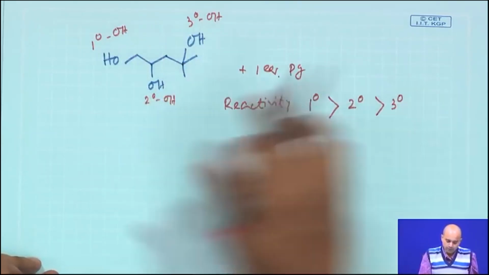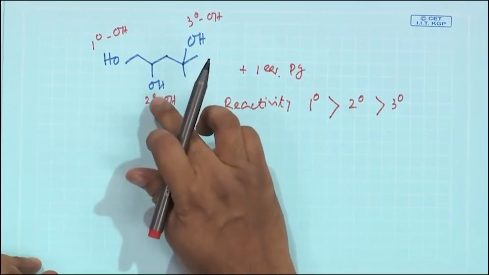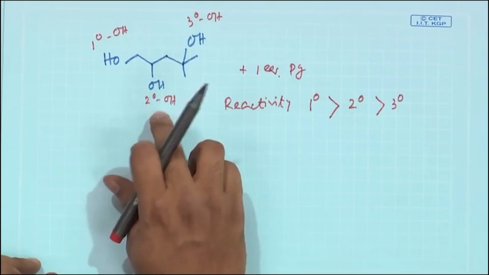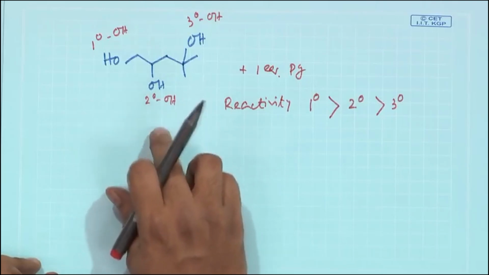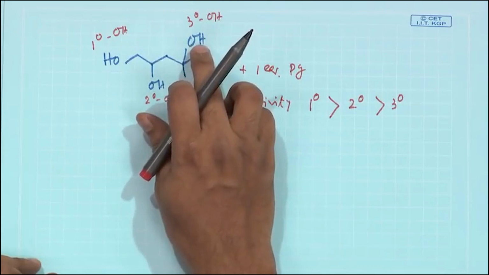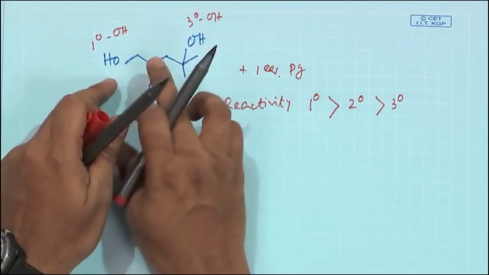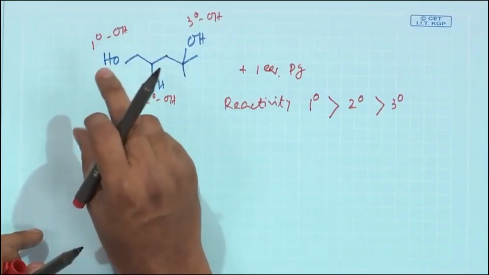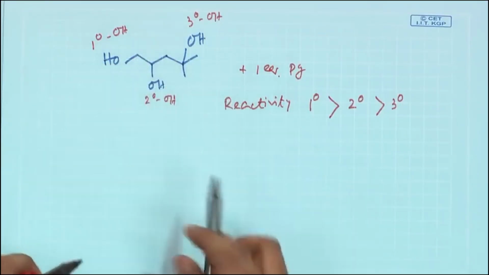And then if you use another protecting group, you now have 2 free hydroxyls, either secondary or tertiary. Secondary is sterically less crowded than the tertiary, so the next protecting group will attack the secondary and then the tertiary. Now, depending on which functional group you want to use in your next FGI, you can selectively tune which protecting group you use.